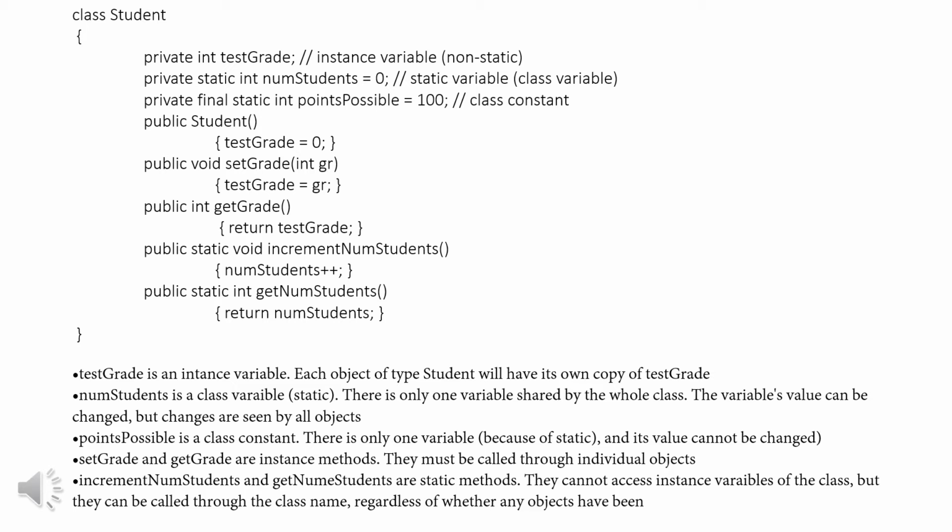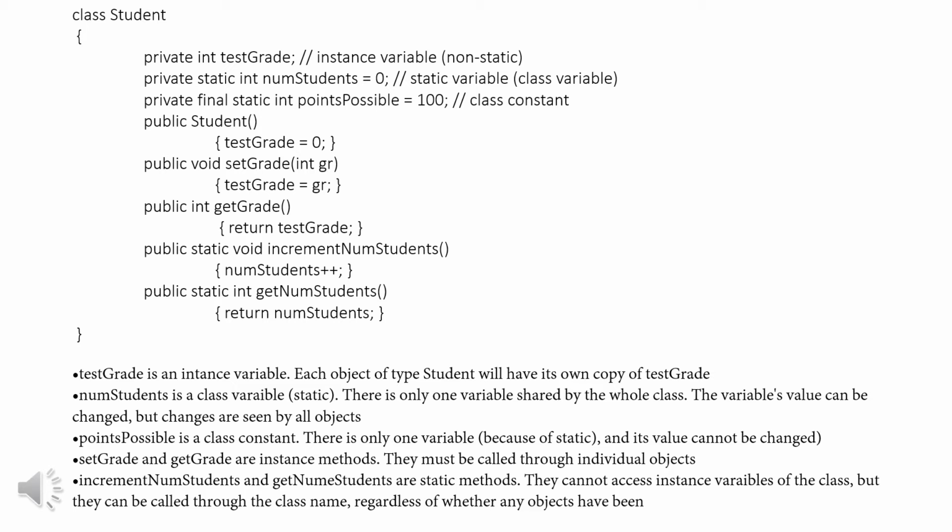They don't need to create a separate copy. All of them can change the value of this variable, and all of them can see the value of this variable, right? So this variable is fixed among all of the objects. So that's static, and because it's static, it can be used inside the static methods, right?